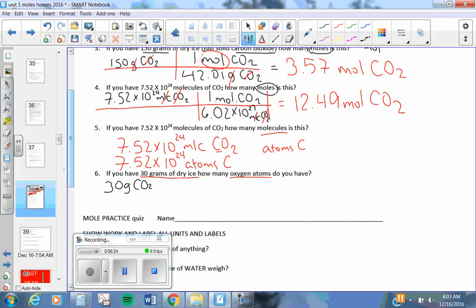So starting with our grams, we're going to need to take a couple of steps to get all the way to oxygen atoms. We start with our 30 grams. We go to 1 mole CO2. We looked this up in the second question, and we found that for every 1 mole of CO2, there's 42.01 grams of CO2.